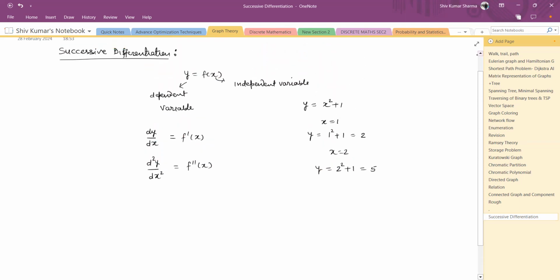Here we calculate one time differentiation, two time differentiation.